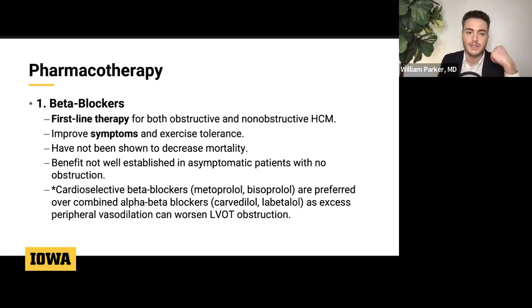Cardioselective beta blockers are considered preferable, or at least they were, in hypertrophic cardiomyopathy over non-selective alpha beta blockers to avoid the excess peripheral vasodilation. Again, somewhat higher systemic vascular resistance helps prevent LVOT obstruction. So the concern is that if you excessively peripherally vasodilate them, it can actually worsen the obstruction.